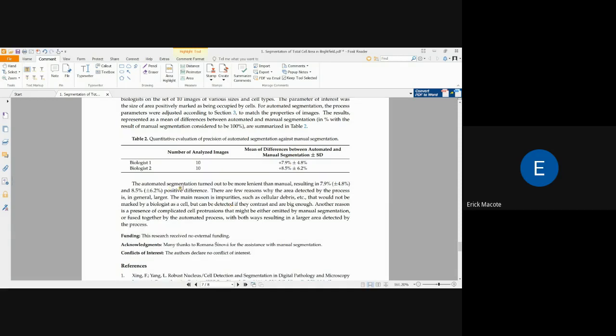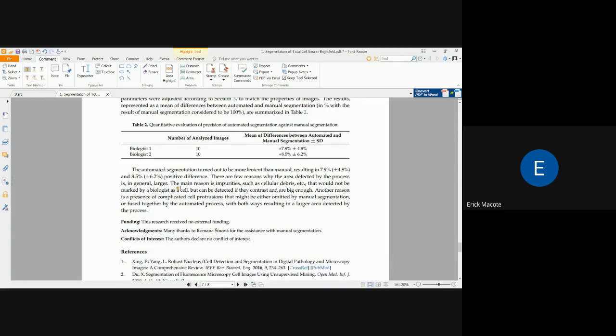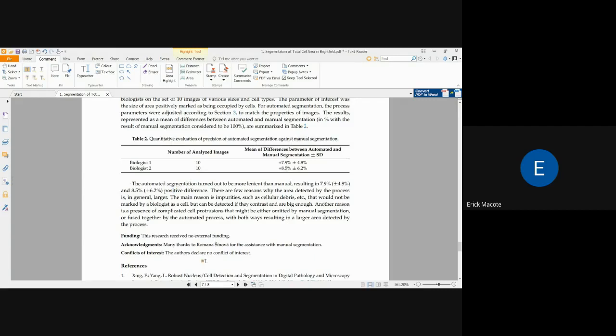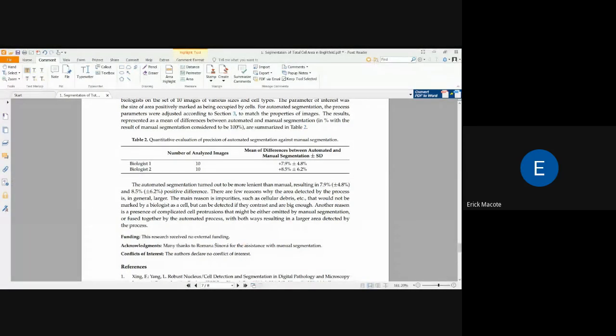The automated segmentation turned out to be more tolerant than manual, resulting in 7.9 and 8.5 positive difference. So that's all. Thank you for your attention.